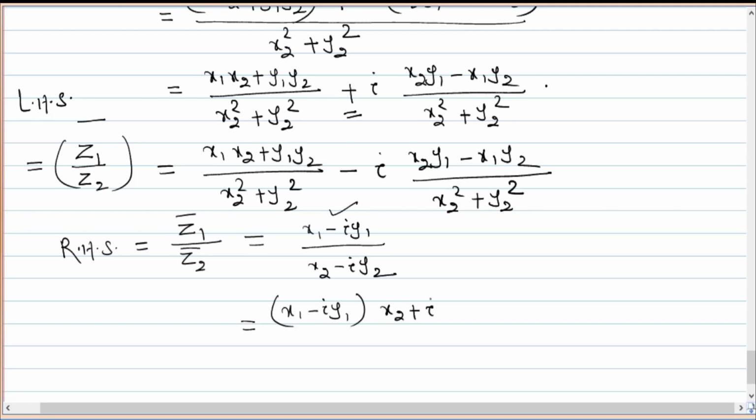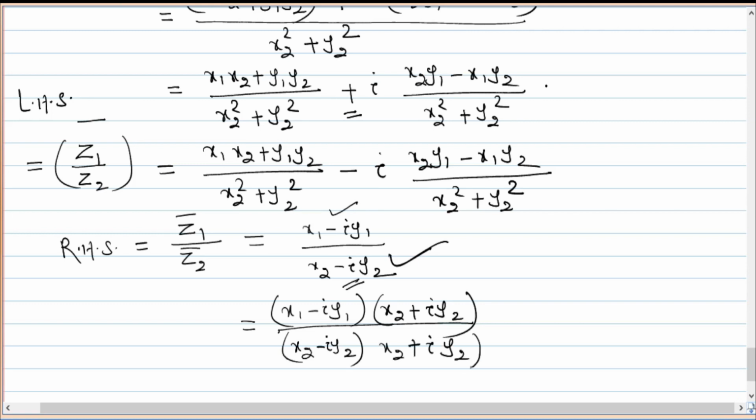x2 plus iy2. Why x2 plus iy2 multiply? Look, the denominator is x2 minus iy2, we multiply its conjugate, that is x2 plus iy2, divided by x2 minus iy2 whole into x2 plus iy2.